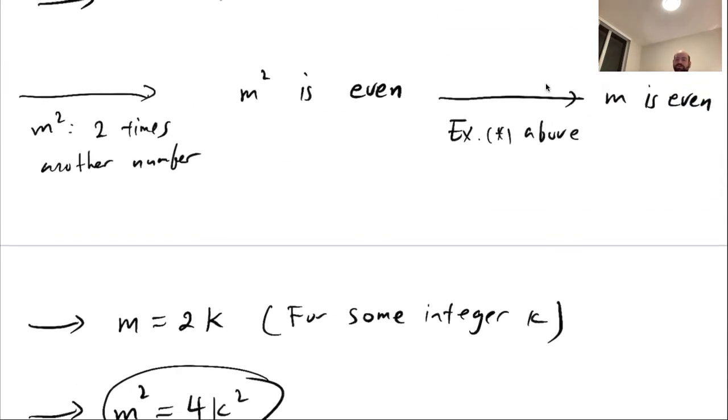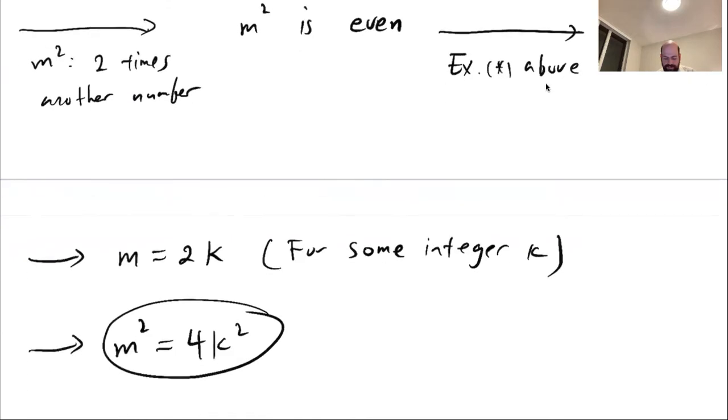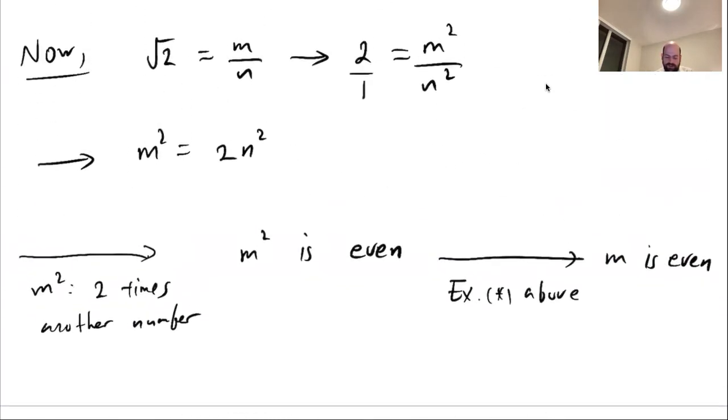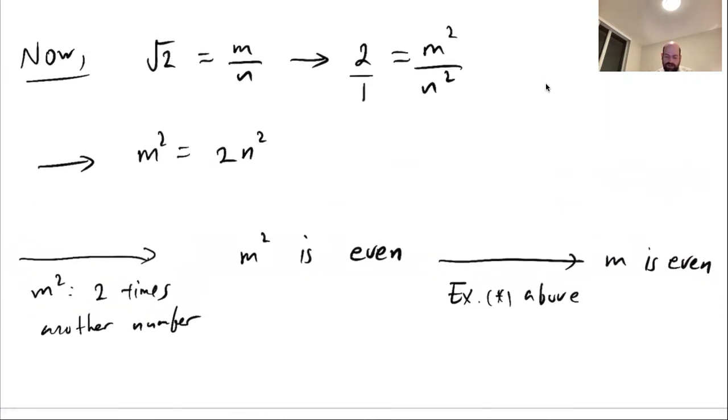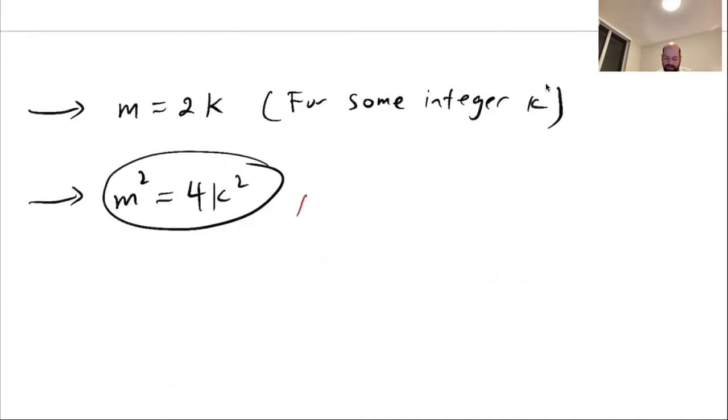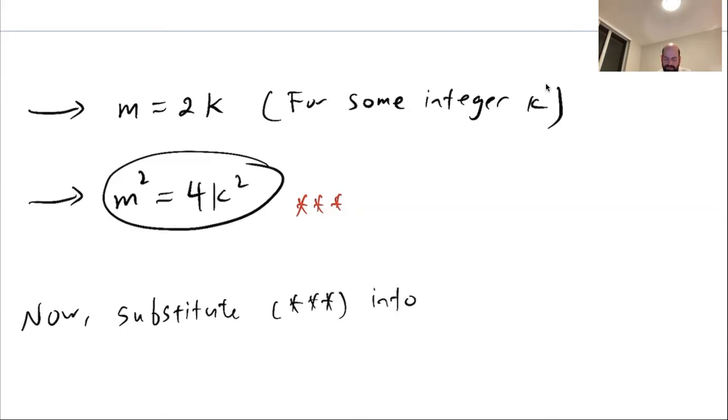Remember, my goal is to reach a contradiction. Now, m squared is 4k squared. I also knew that m squared is 2n squared. Let me call this one 2 star, and this one 3 star. And now I want to substitute 3 star into 2 star.